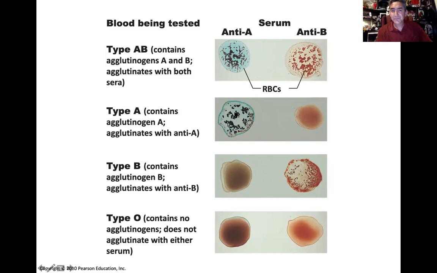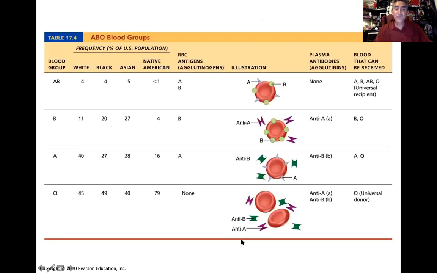So if we subject anti-A to type O blood, nothing happens. If we subject anti-B to type O, nothing happens because there are no surface proteins on the red blood cells there. All right, so hope that's making sense, the idea of antigens and antibodies.